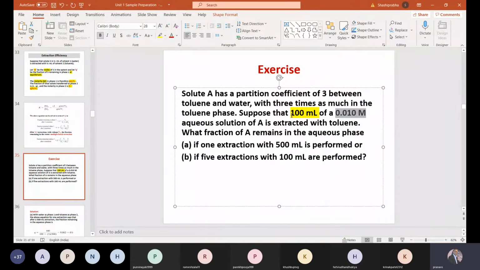So we are supposed to extract with an organic solvent an aqueous phase which is 100 ml and which contains some species the concentration of which is 0.01 molar.